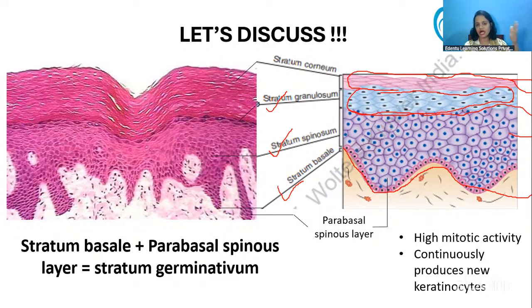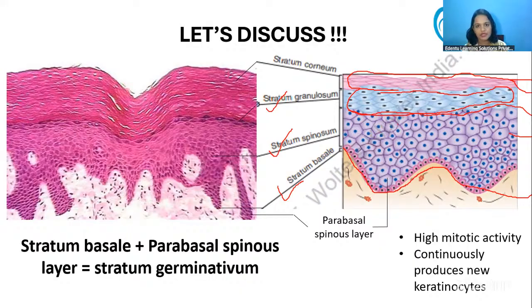These two layers together are called the stratum germinativum.